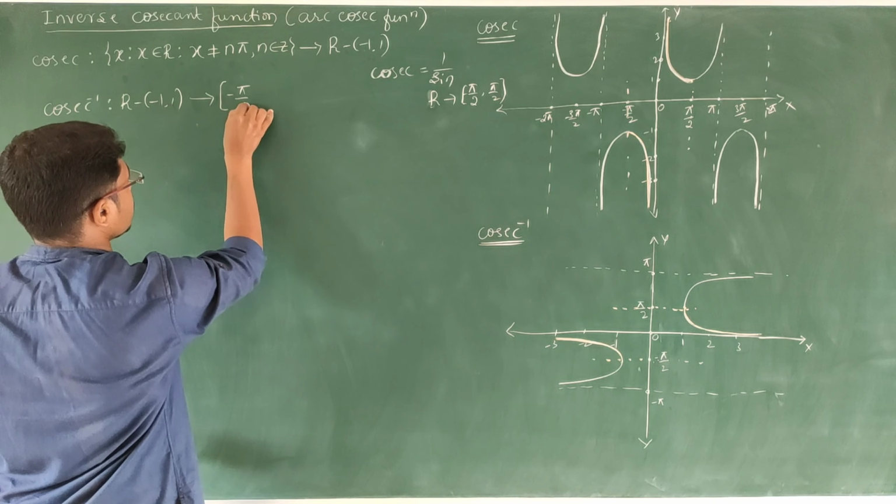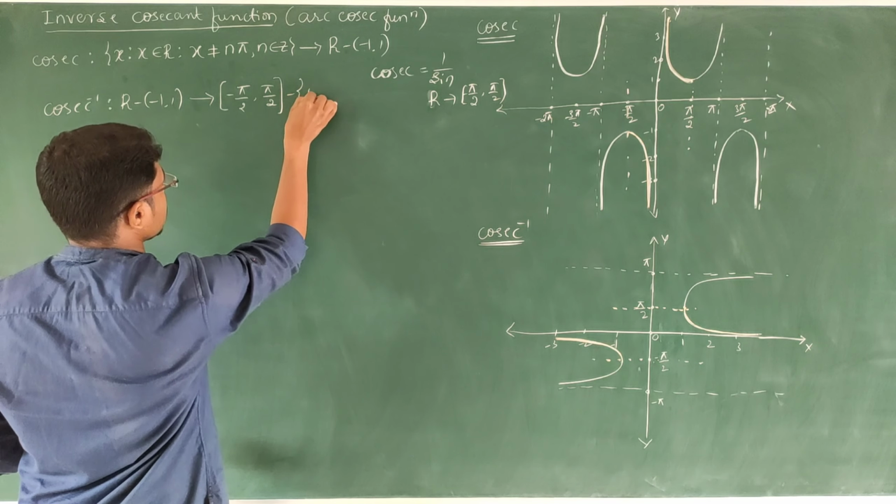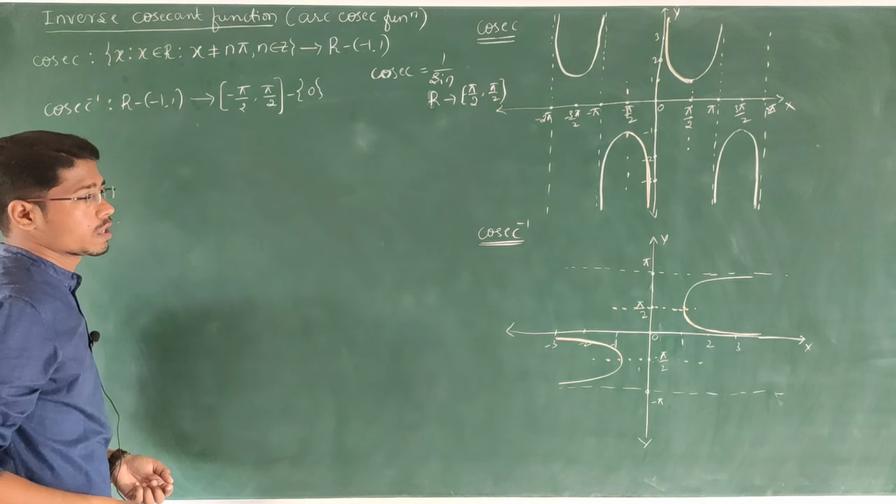to minus pi by 2 comma pi by 2, excluding 0.